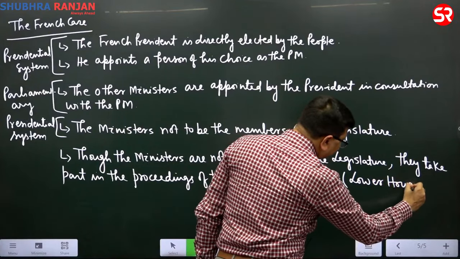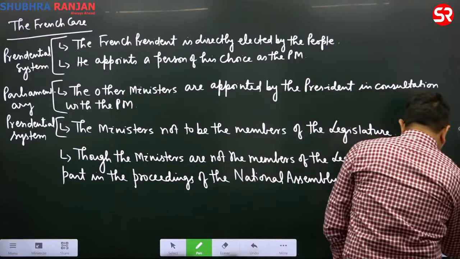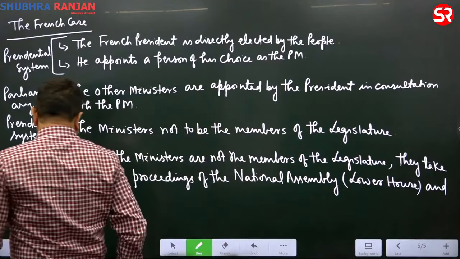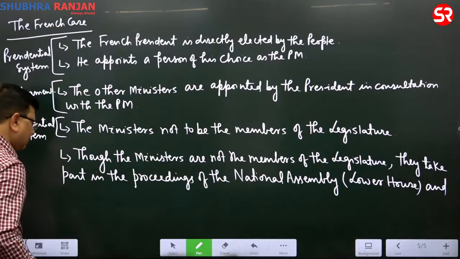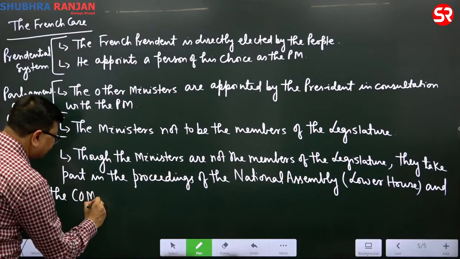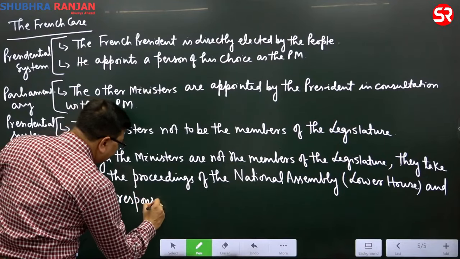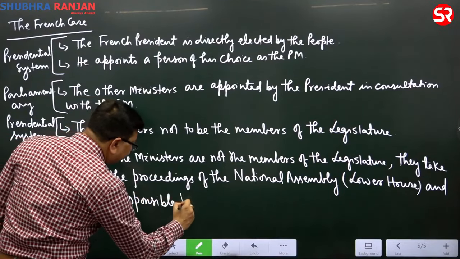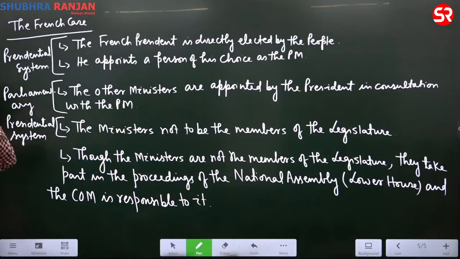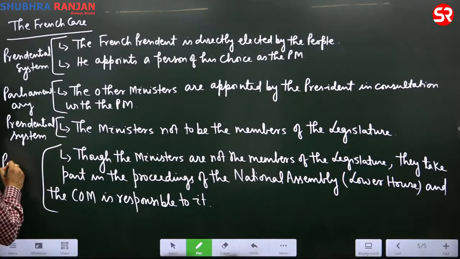Lower house, and the Council of Ministers is responsible to it. Responsible to it. It is a feature of parliamentary system.